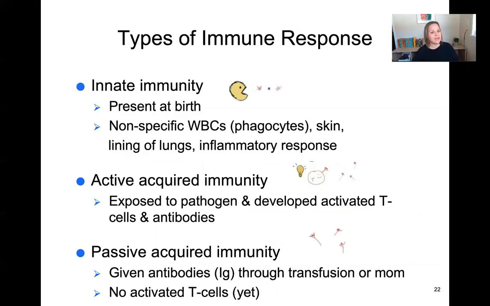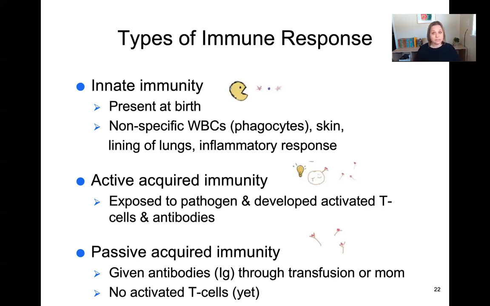Now we have different types of an immune response: an innate immunity, an active acquired immunity, and a passive acquired immunity. Innate immunity is everything you have when you're born, everything that's present at birth. You have non-specific white cells, phagocytes, that are the Pac-Man of the body going through non-specifically just attacking foreign invaders.